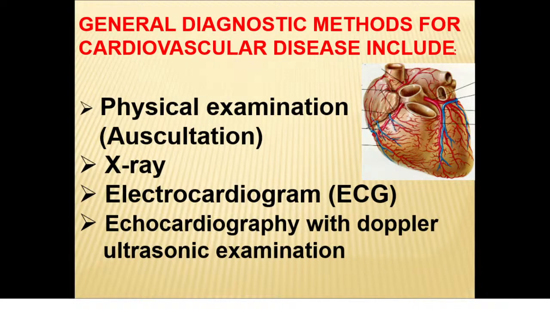The main method of diagnosis for cardiovascular pathology is the electrocardiogram method, which records electrical impulses produced due to heart activity. Electrocardiogram is the main method for diagnosis of myocardial infarction first of all, and to clear any types of heart arrhythmias.